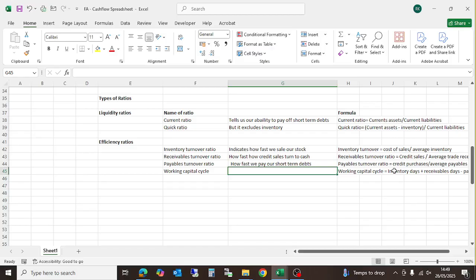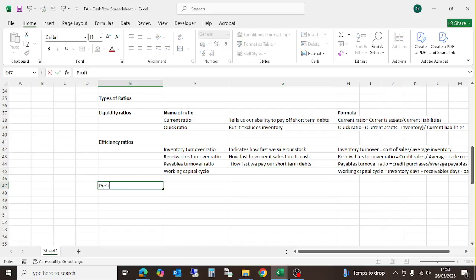We actually have a number of other ratios. We still have profitability ratios, and the other one is gearing ratios. So we just finish up on the profitability. Since it's self-explanatory, these are ratios that show us the profit of the business.